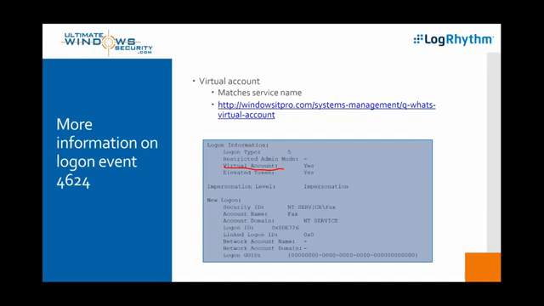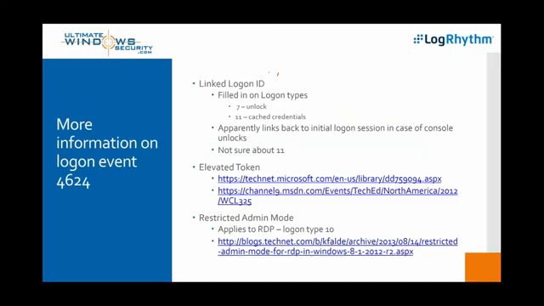What that does is Windows creates something called a virtual account, doesn't really even create it, and runs that service under an account that is unique to just that service, and it provides you some isolation between different services on the same system. So this is just telling you when that happens. I haven't identified scenarios yet where I want to use that from a security monitoring perspective, but it's interesting nevertheless, and it's good to see that they're keeping the events up to date with new features in Windows.